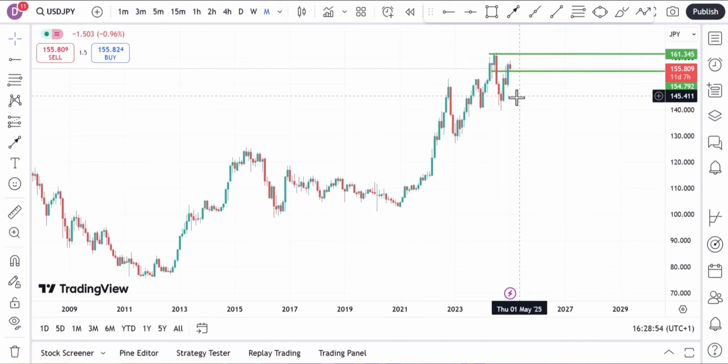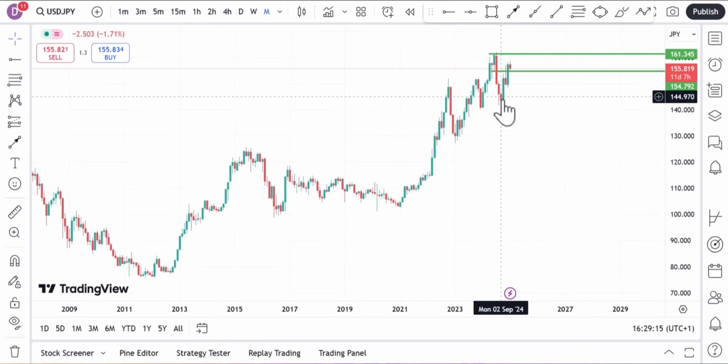If you look at monthly time frame, we can see for the past how many months? 1, 2, 3, almost 3 months, USD JPY has been going up. Buyers have been dominating the market, and as a trader, you need to know the seller zone and buyer zone.